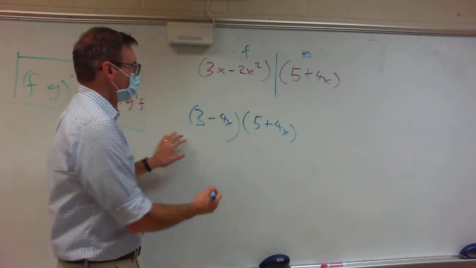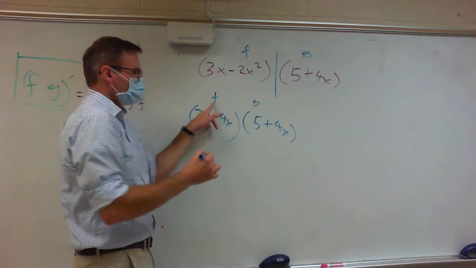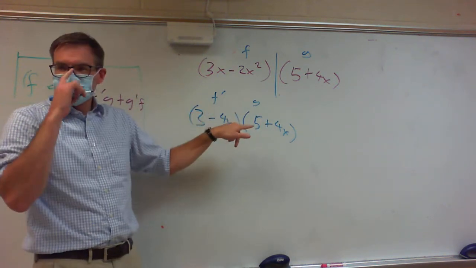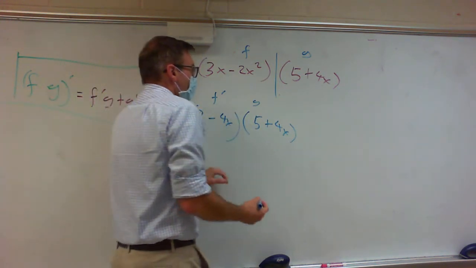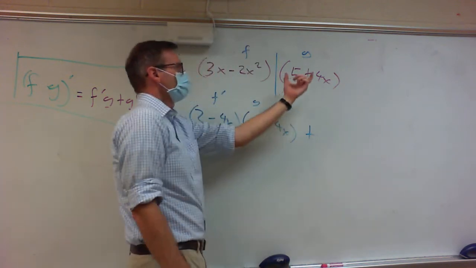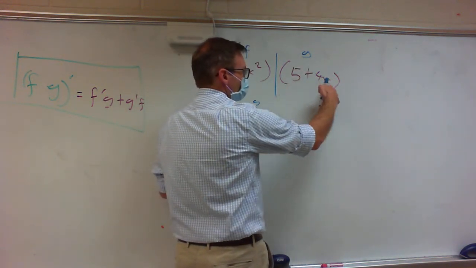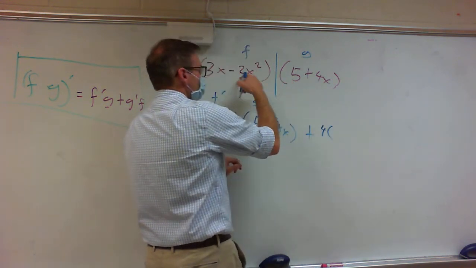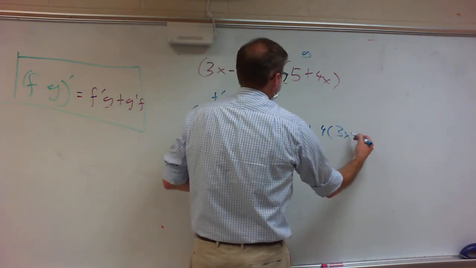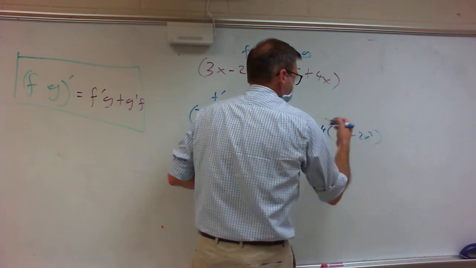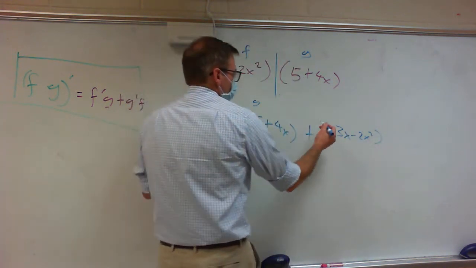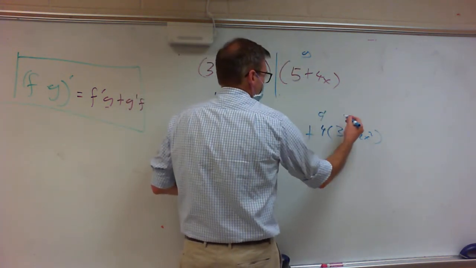So everybody see this is your f prime and this is your g. Plus your derivative of g, which the 5 goes away, so the derivative of 4x is 4, times f. That gives us 3x minus 2x squared. So here's g prime, and here's f.